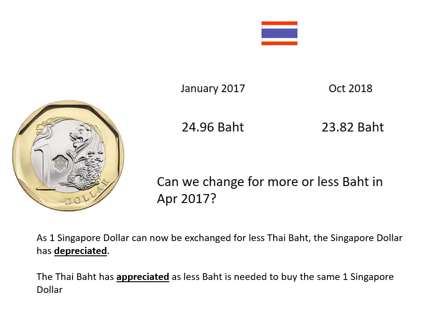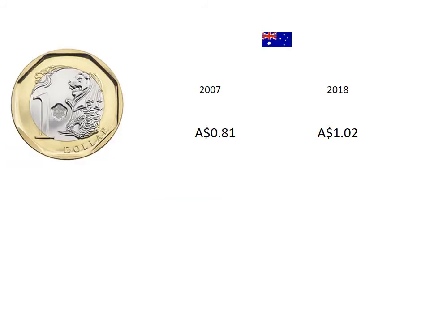Now we look at the next currency pair. I'm keeping it simple, Sing in terms of Australian. In 2007, one Sing dollar exchanged for 81 Australian cents. In 2018, one Sing dollar exchanged for 1.02 Australian dollars.